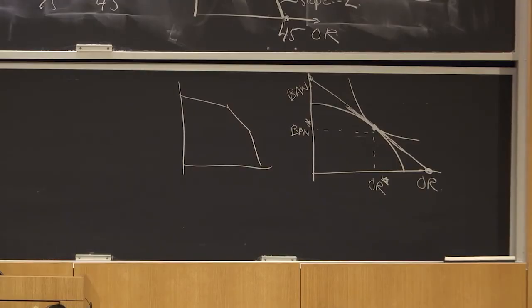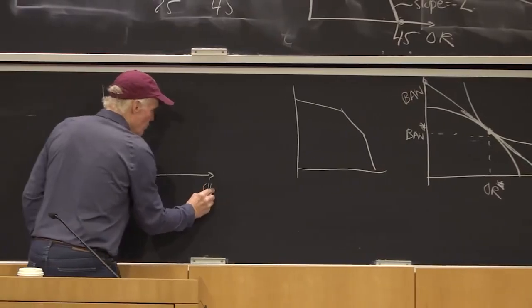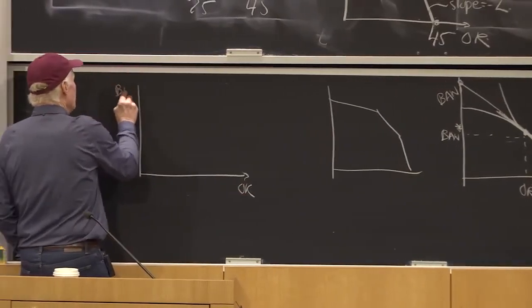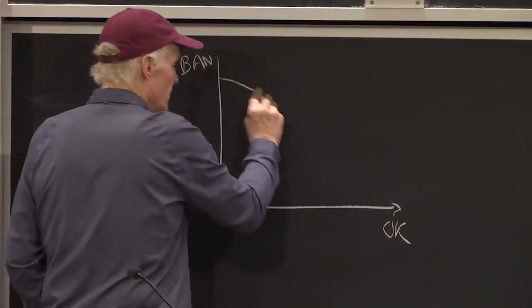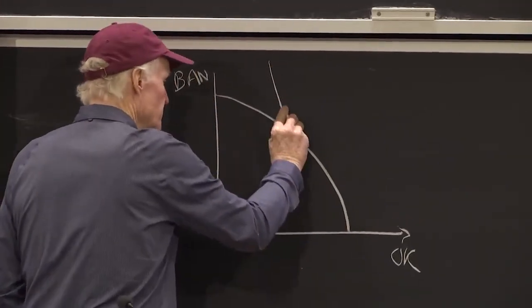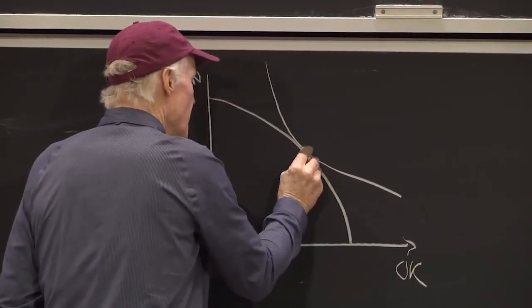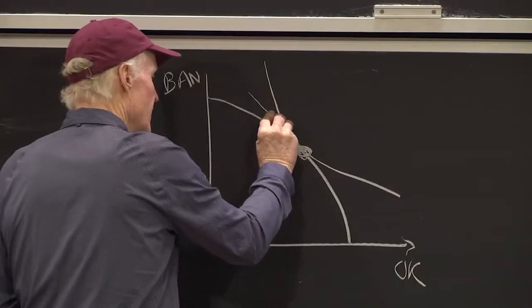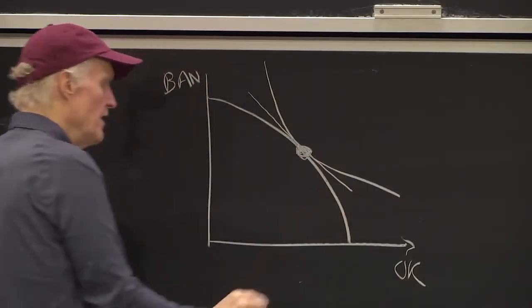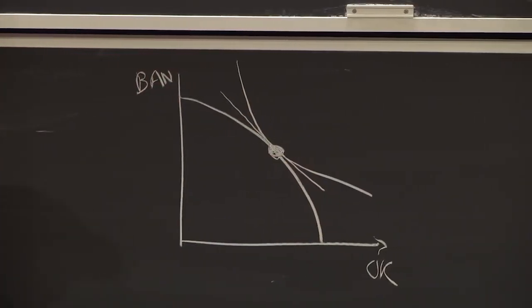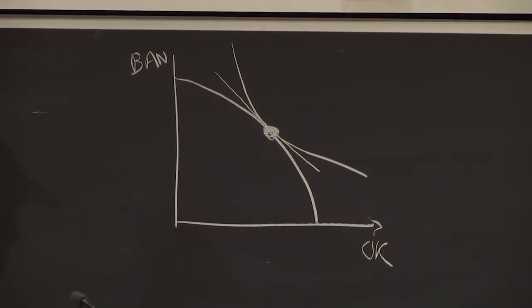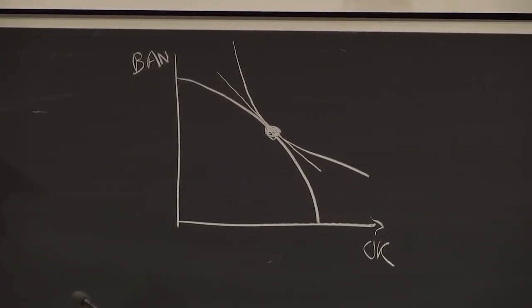All right? So, let's assume that the NAFTA price of oranges is higher than his. Okay? So here's his picture. He was tangent here. The NAFTA price is higher, which means the slope in the NAFTA world is steeper, right? That's what it means to have a higher price of oranges.